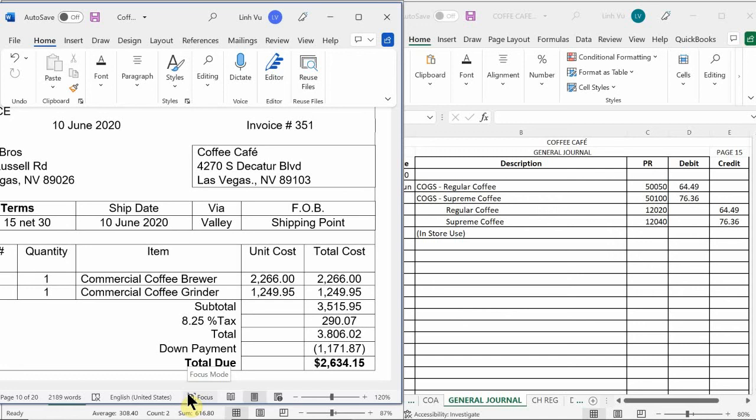So now we're going to make a payment for the $2,634.15 because that's what the bill tells me that I owe. Obviously, I'm going to be writing a check. So how do I go ahead and journalize this transaction?